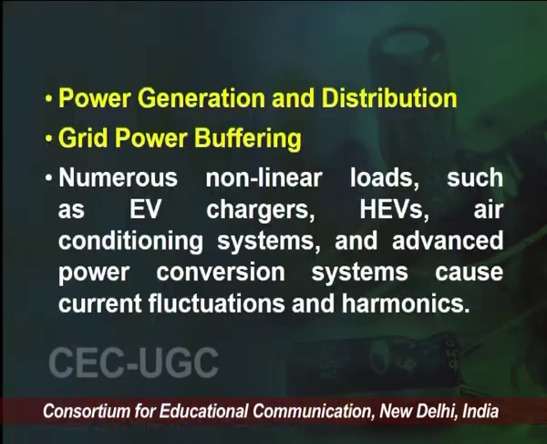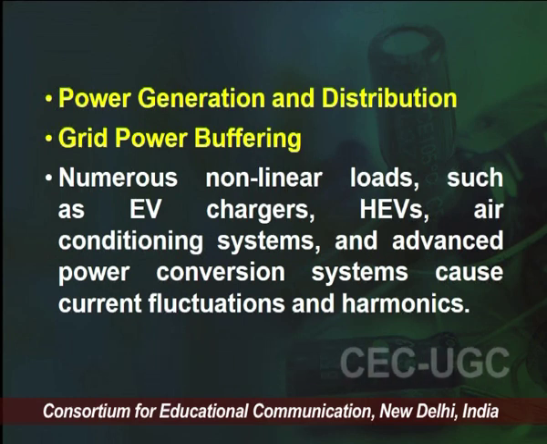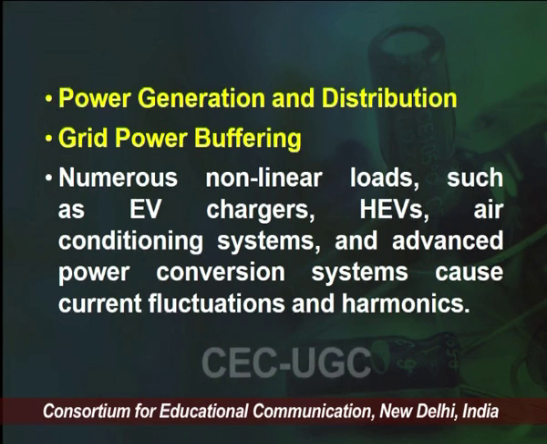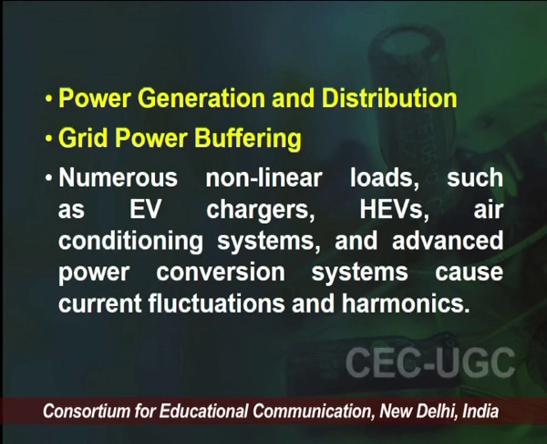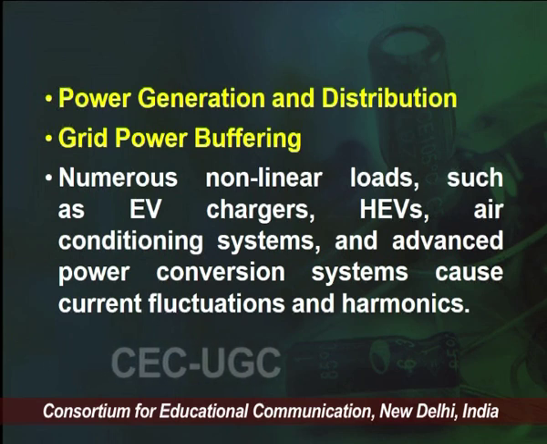Moreover, in power generation and distribution, we use it for grid power buffering. Nowadays, numerous non-linear loads such as high electric vehicle chargers, air conditioning systems and advanced power conversion systems cause current fluctuation and harmonics.